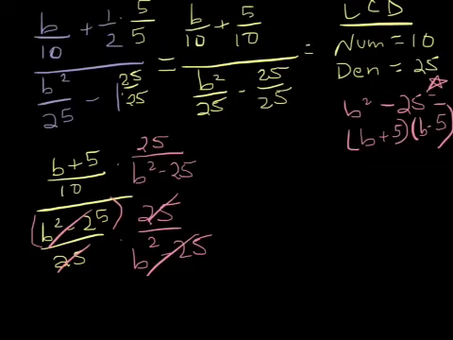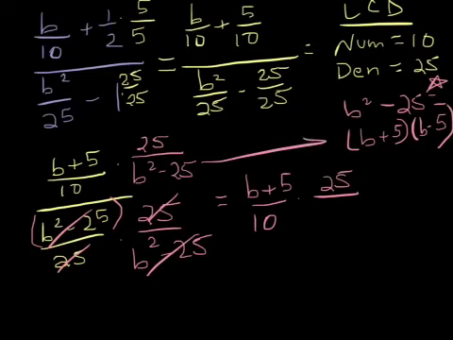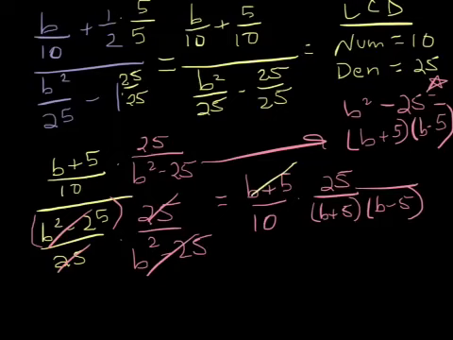Now when I multiply the numerator by that, I'm just going to rewrite that problem over here. I've got b plus 5 over 10 times 25 over b squared minus 25, which I'm going to express as b plus 5 times b minus 5. And now I can eliminate some common factors in the numerator and the denominator.